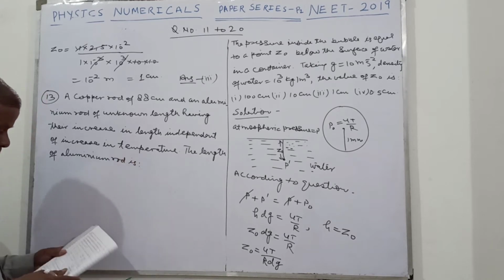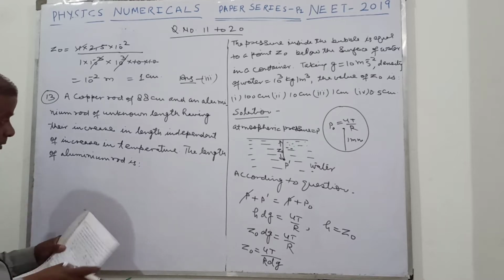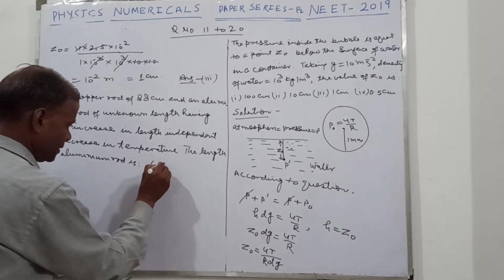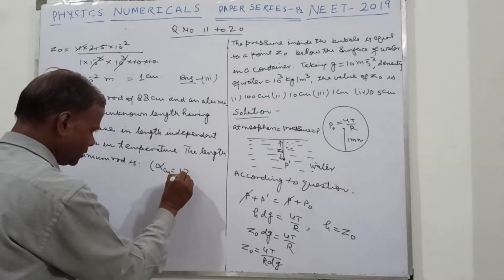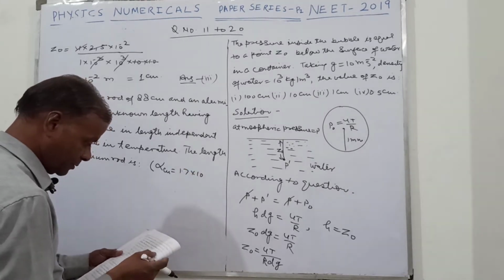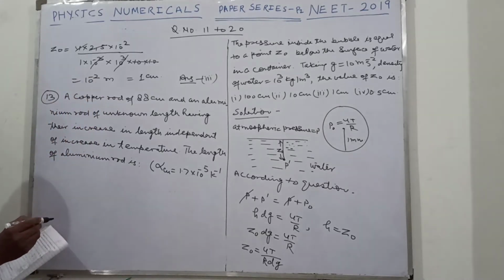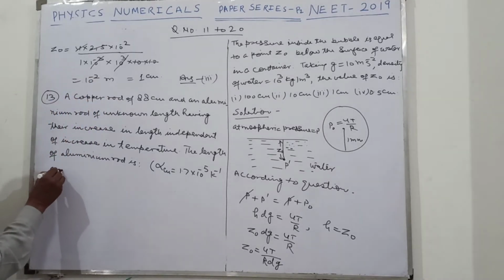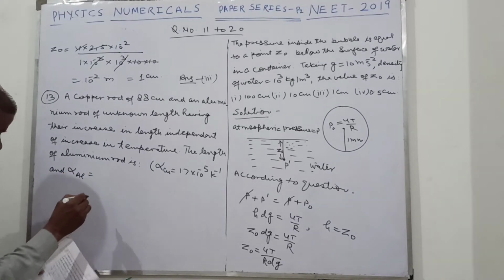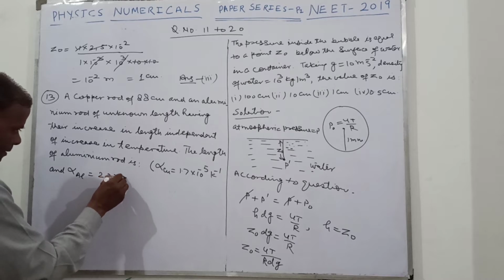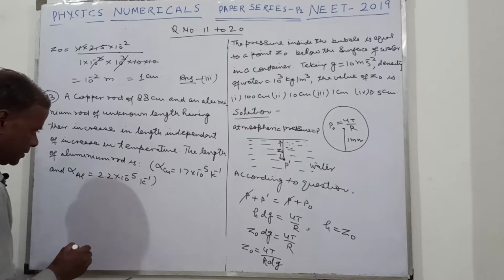Now here are given the options, but before that we are given alpha copper equal to 1.7 into 10 raised to power minus 5 K minus 1, and alpha aluminum is 2.2 into 10 raised to the power minus 5 K minus 1.